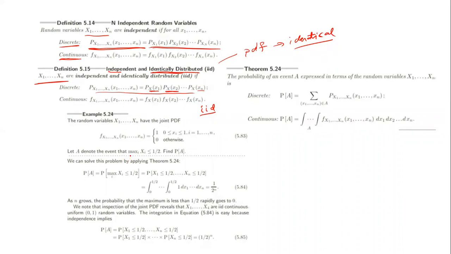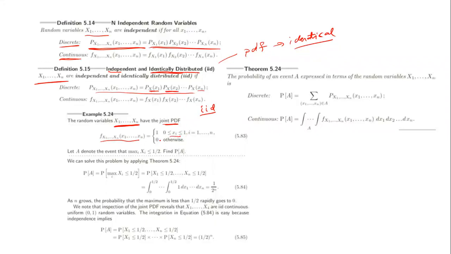Here we have an example similar to the previous one. As you see, we got a sequence of random variables here, and their joint PDF is given here. We have n random variables, and the range of each is from 0 to 1.